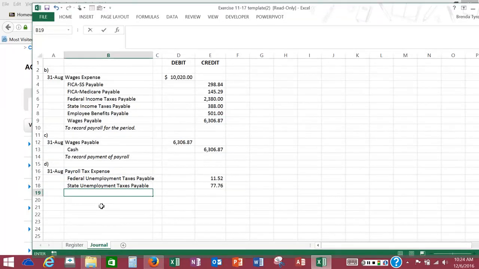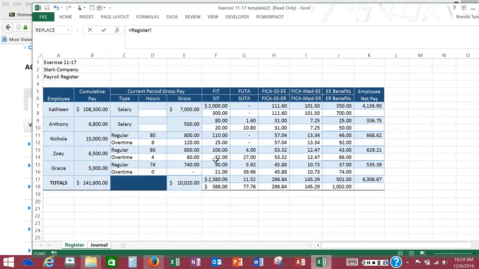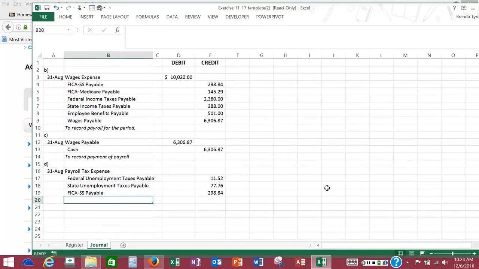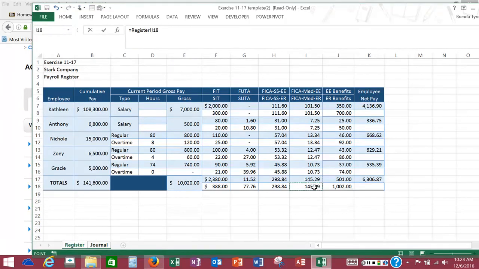We're going to have FICA SS payable. And that number is this 298.84. We're going to have FICA Medicare payable. And that number will be the 145.29.